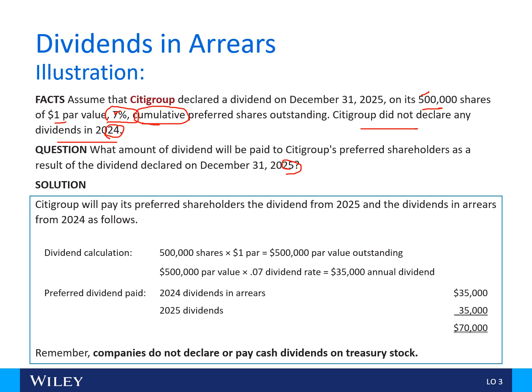Here's the $35,000 for 2024. That's in arrears. Here's the $35,000 for 2025. That's the current year declaration. In this particular case, the preferred shareholders will receive $70,000 in dividends before common stockholders receive even $1.